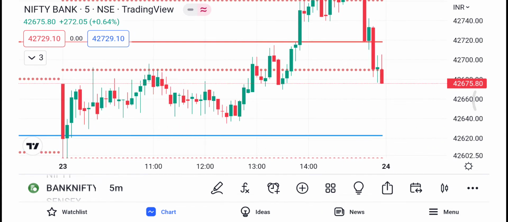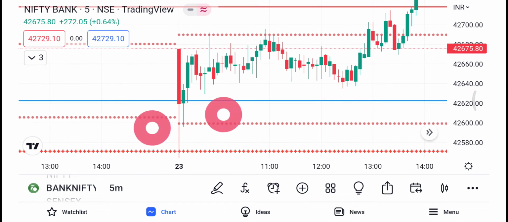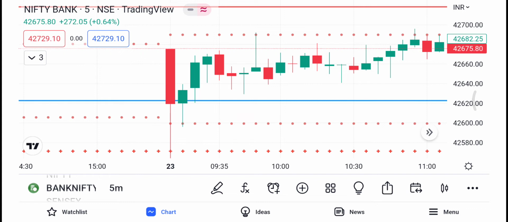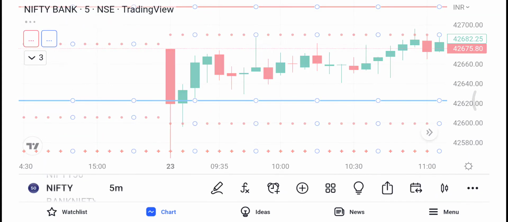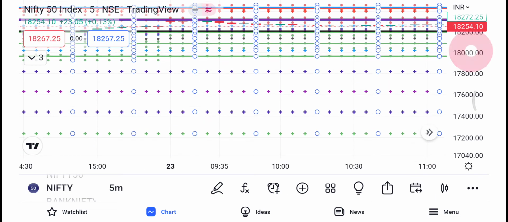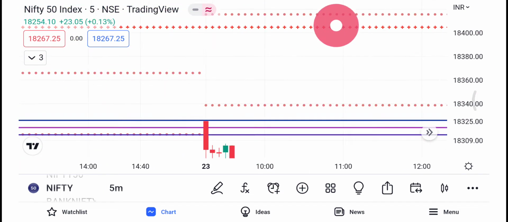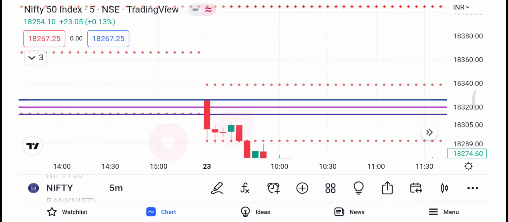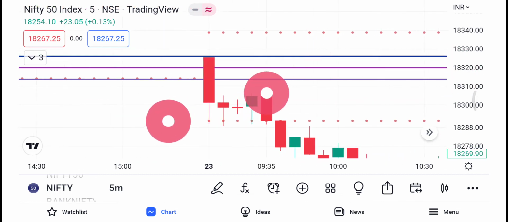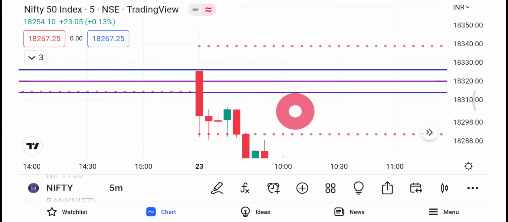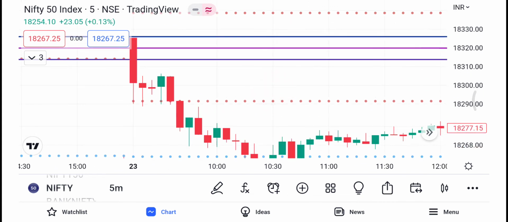In a later part it may fall, but the Bank Nifty was showing one pattern, but Nifty was showing another pattern. Even though the Nifty was showing bearishness, this first candle didn't entirely originate from this bottom weekly CPR. The half candle is inside this weekly CPR. That means the buyers are here and sellers are also here.